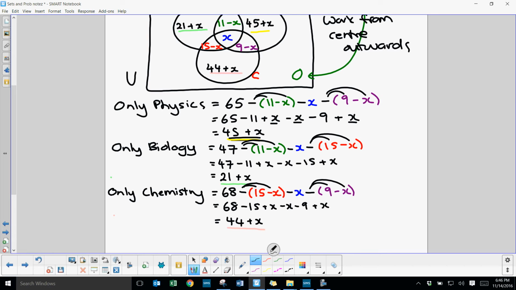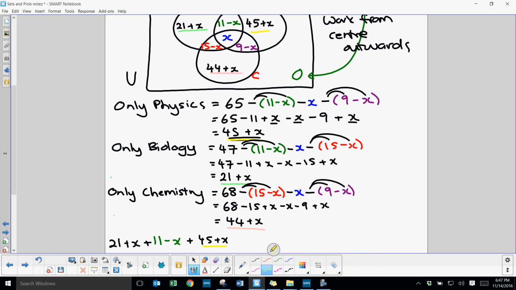So let's write all the expressions out. I'll do it down here. 21 plus x, and then plus 11 minus x. When you're adding, you don't really need to use brackets because the signs won't change. It's when you're subtracting that the brackets are important. Plus 45 plus x.